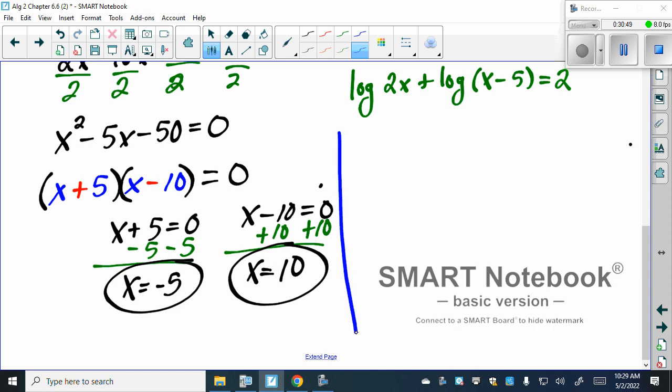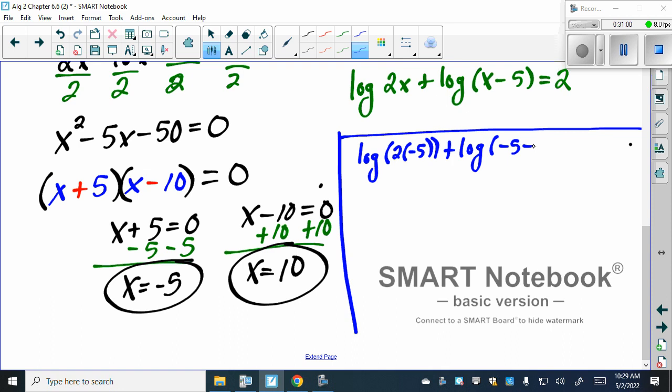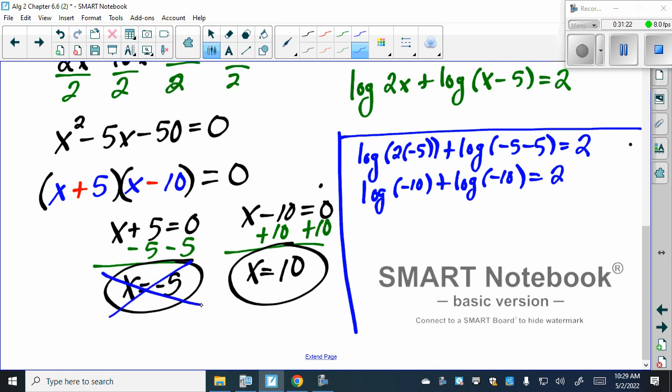So if we start off with negative 5, we'll have log of 2 times negative 5 plus log of negative 5 minus 5 equals 2. Well, that'd give me log of negative 10 plus log of negative 10 is equal to 2. Will this work? No, because there's two different places I do have a negative. So x cannot be negative 5. We just can't have it being a negative.